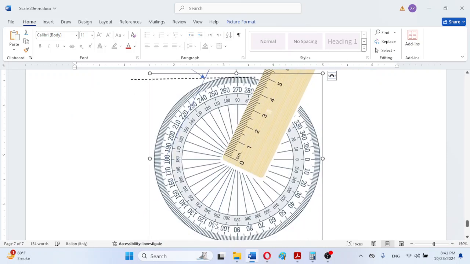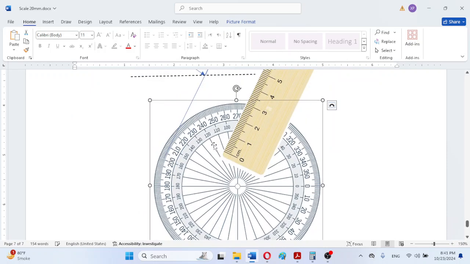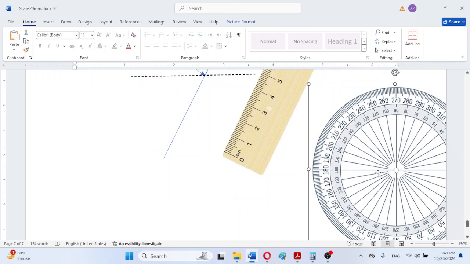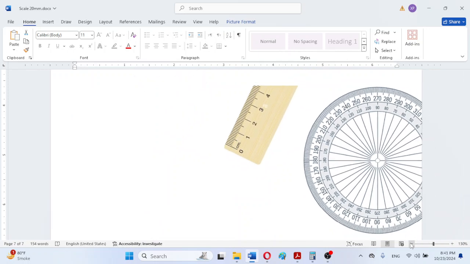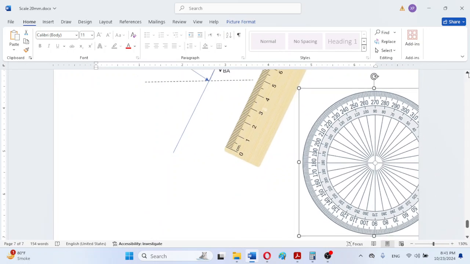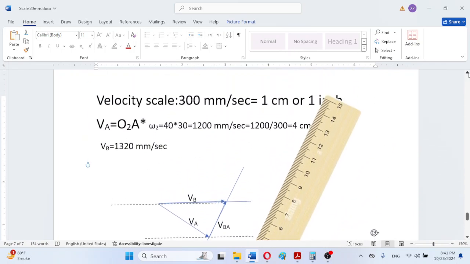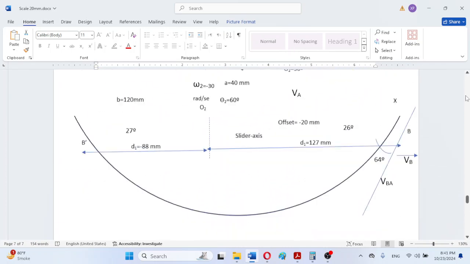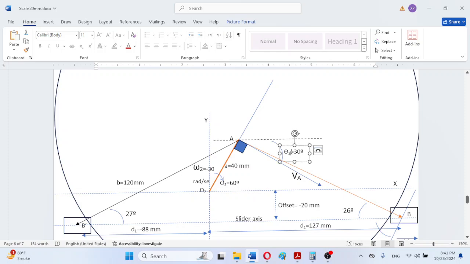As we can observe, the angle between VA and VB was 30 degrees, so we can mention this angle.